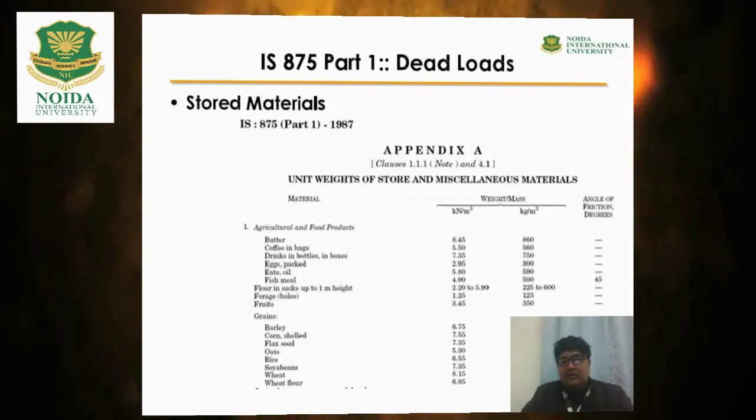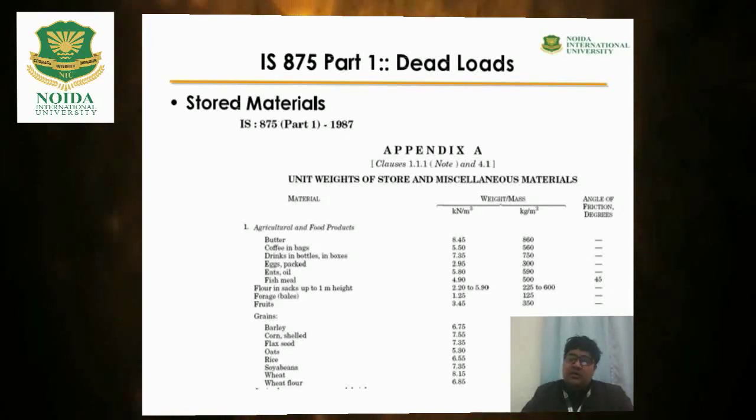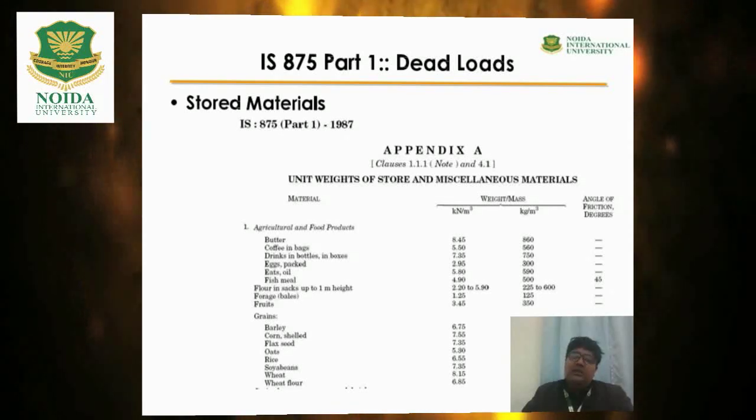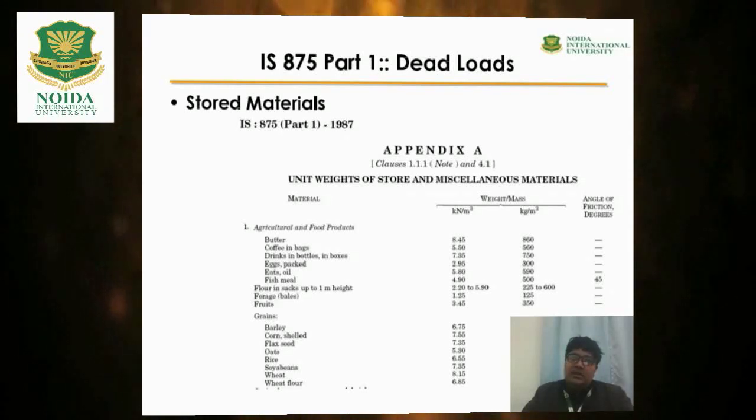It is given as weight per mass, in kg per meter cube and kilonewton per meter cube. So each particular food item or food product will have a different unit weight per unit volume. These different weights should be considered at the time of designing, so that the structure is made safe and economical.